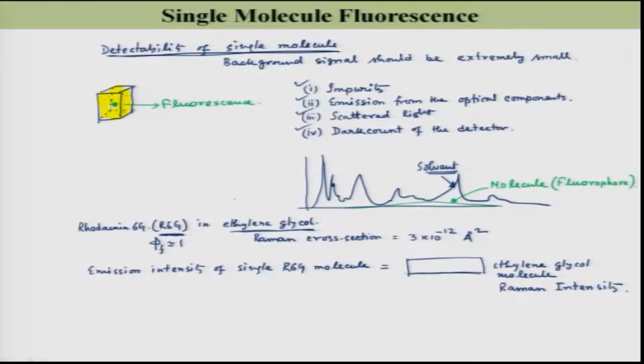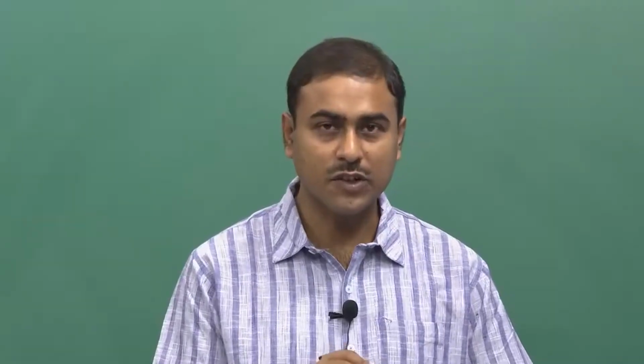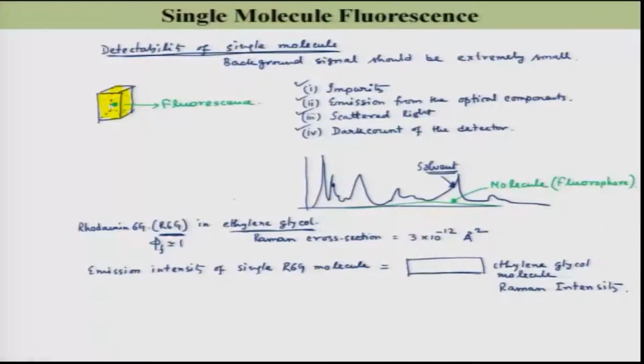I said that the absorption cross section of rhodamine 6G is the same as the molecular cross section of the rhodamine 6G, but here the Raman cross section of this ethylene glycol is really small, right.